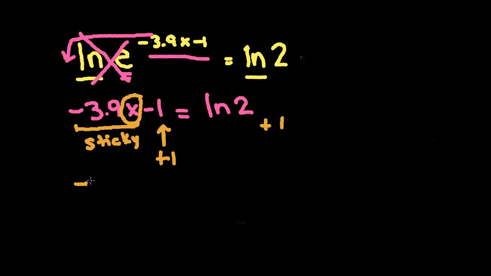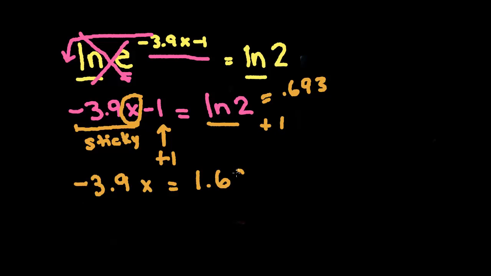So now I have -3.9x equals, and the ln, if I do ln of 2 on my calculator, that's equal to 0.693. Again, I rounded. So if I add 1 to that, I get 1.693.